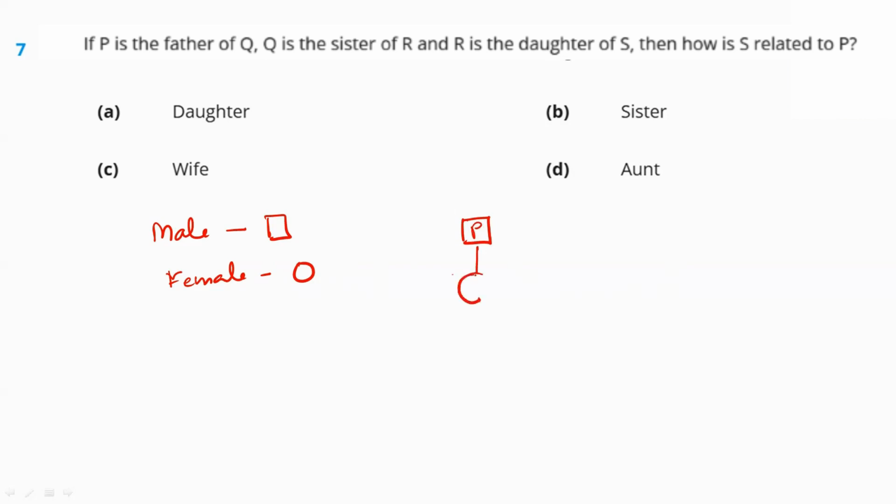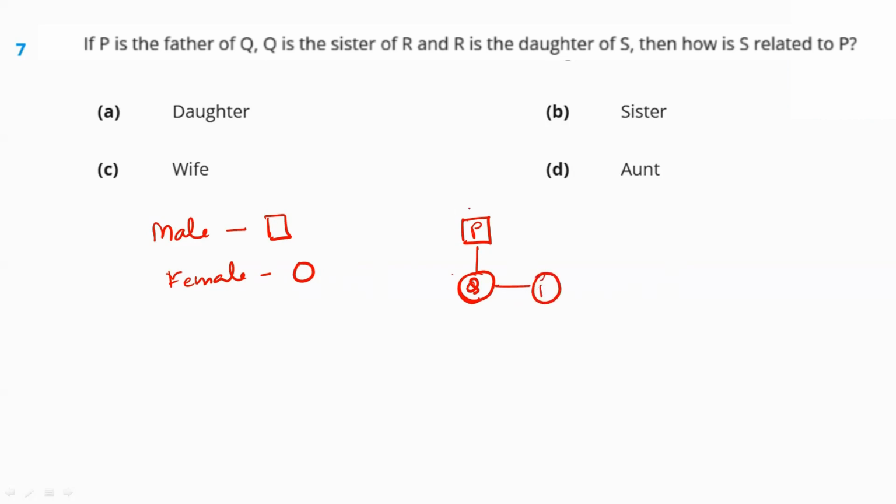Q is a sister of R. So Q is a lady, a girl, female, right? So she's a sister of R, and R is a daughter of S. So R is also a girl, or female, right?